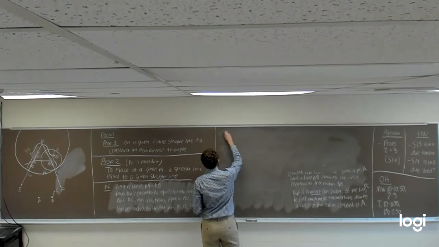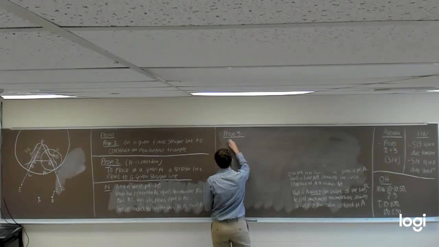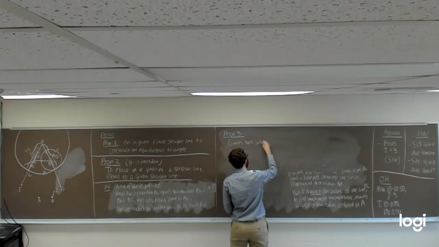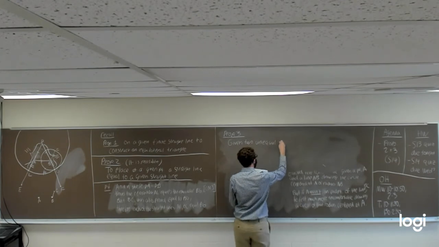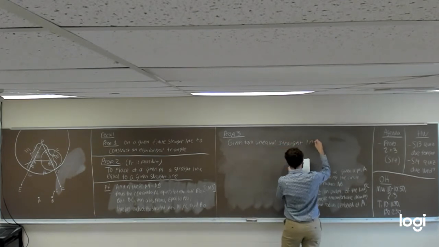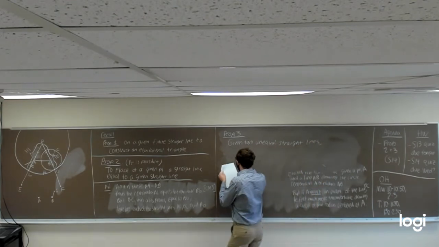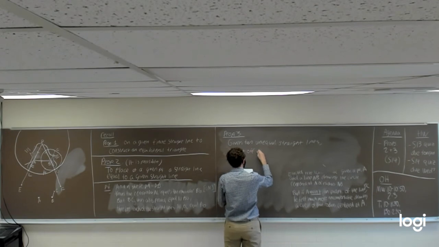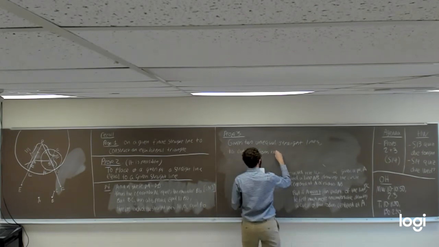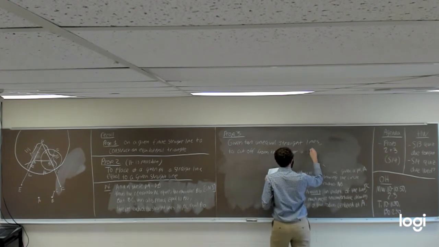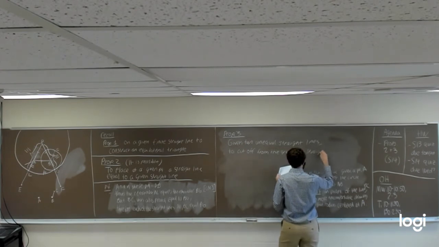So proposition 3 is going to say that given two unequal straight lines, it is allowed to cut off from the greater a straight line equal to the less.